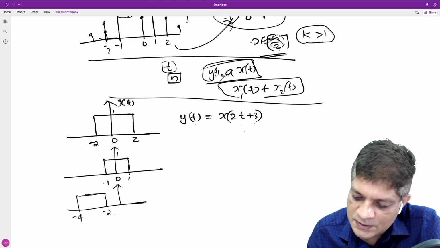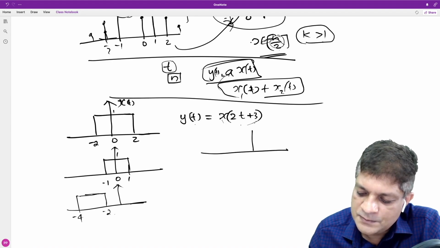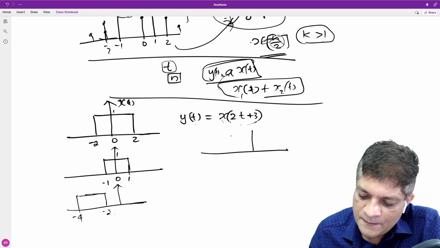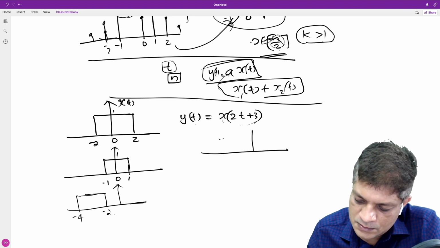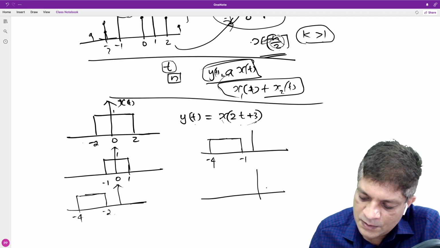Let us consider the other order. First, we are shifting by 3. Then what will happen? If we are shifting by 3, is it this? Minus 1. Shift this by 3. So this will be shifted left by 3, so minus 1 to minus 4. Then you do the compression. This is the operation, isn't it?